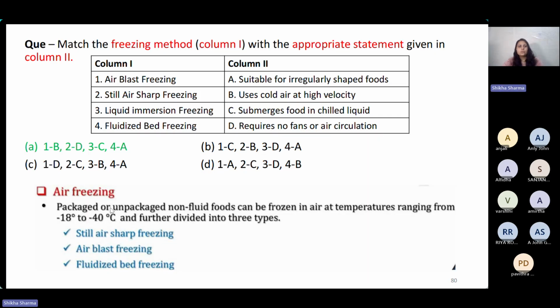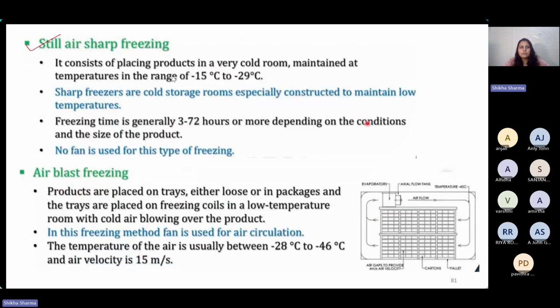So basically, air freezing is of 3 types: still air shaft freezing, air blast freezing, and fluidized bed freezing. In this, packed or unpacked non-fluid foods are frozen in air at temperatures ranging from -18 to -40 degrees Celsius. In still air shaft freezing, the products are placed in a very cold room where the temperature is -15 to -29, and the shaft freezers are cold storage rooms specially constructed to maintain low temperatures.